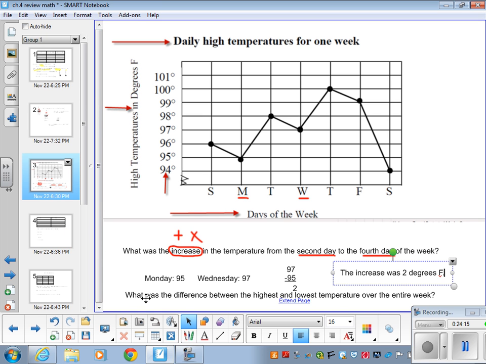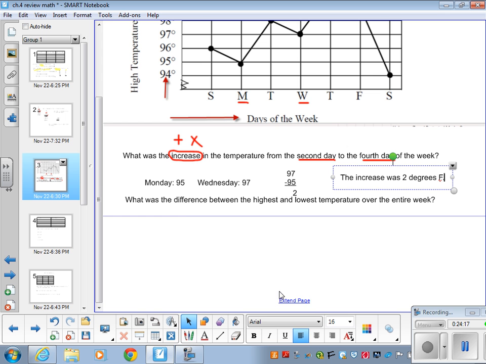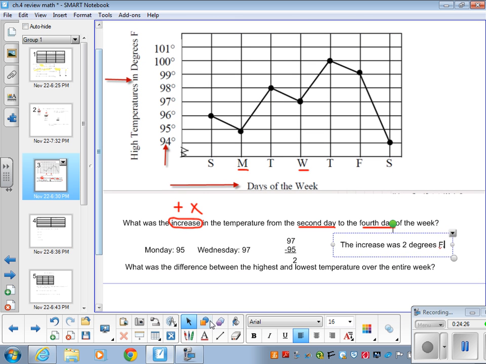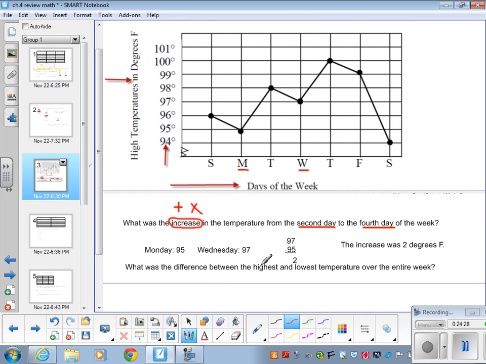It says, what was the difference between the highest and lowest temperature over the entire week? The words that are important for me to know are highest and lowest, and difference. What was the difference?